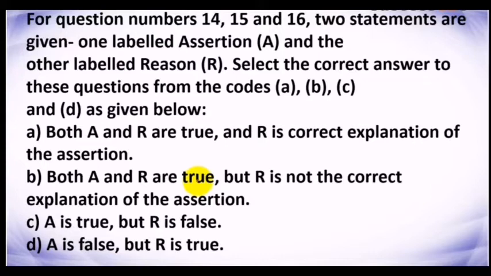C option, A is true and R is false. And like that D, assertion is false but reason is true. So you need to read the statements properly and understand them and see whether the reason given for that assertion is the correct explanation for that assertion. Then you choose the correct option and write the answer.